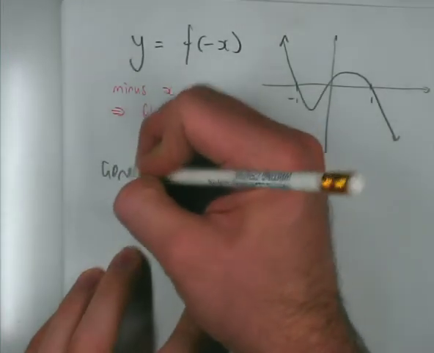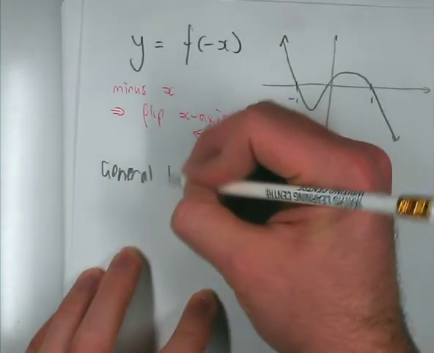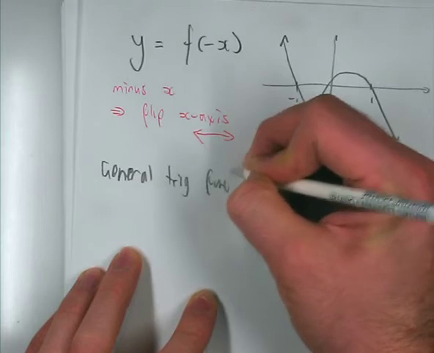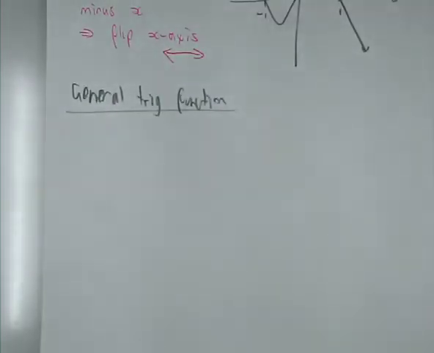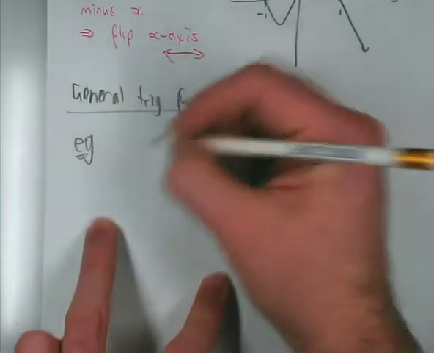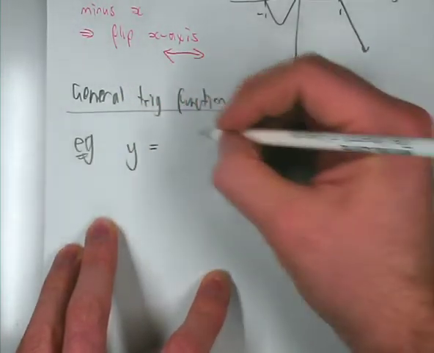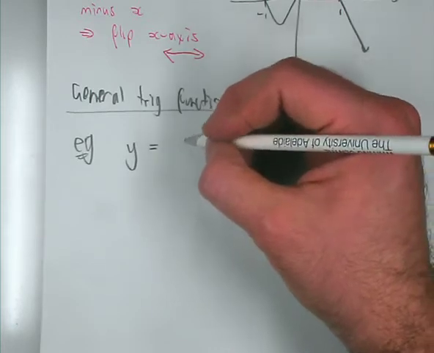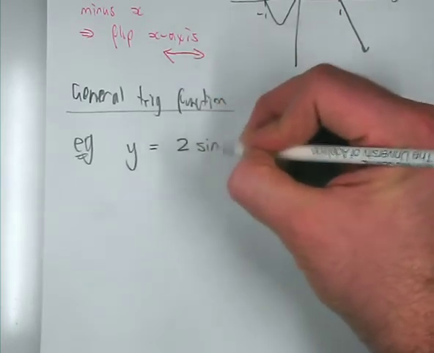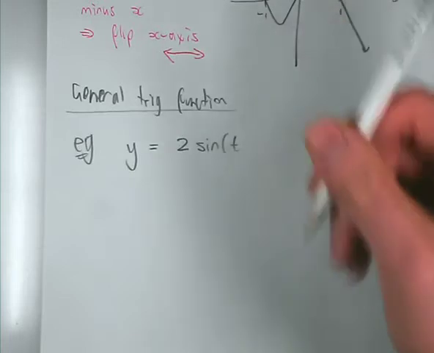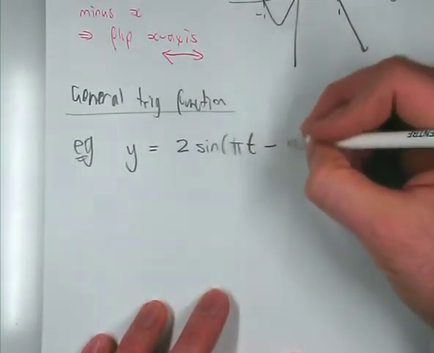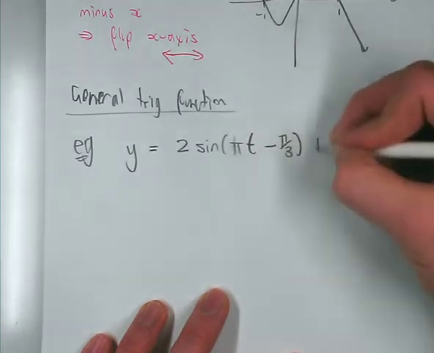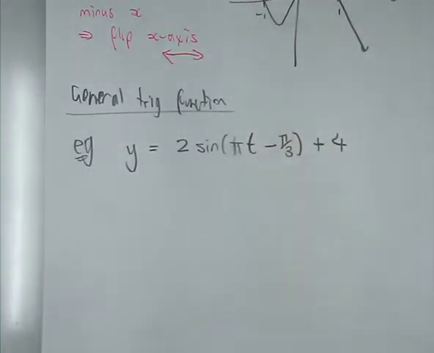So your general trig function, as an example, you might see something like 2 sine of pi t minus pi on 3 plus 4.